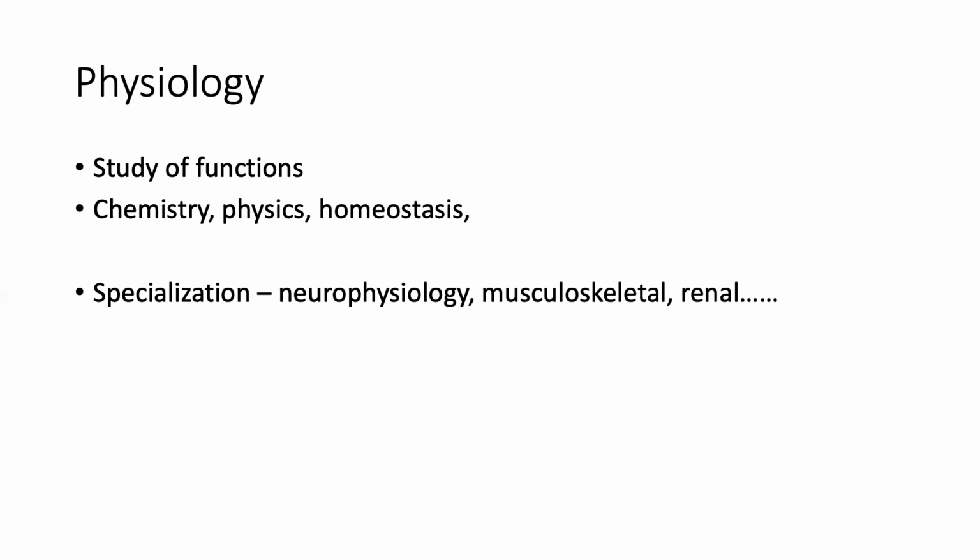Some studies specialize in the nervous system as neurophysiology, some in the muscle and bone system as musculoskeletal physiology, and so on, renal or kidney physiology. It is more to do with the functions and the way electrolytes, fluids, and oxygen behave, what is happening at the tissue level, and how they maintain homeostasis, the normal internal environment of the human body. That is physiology.